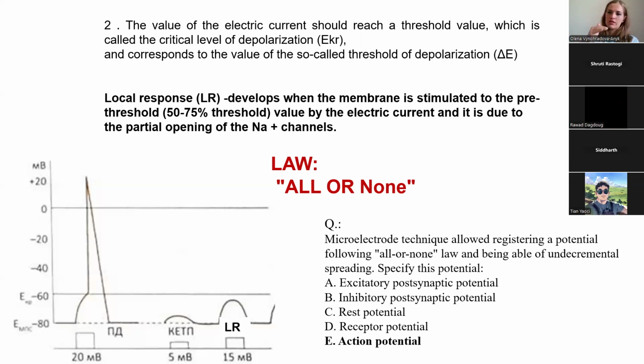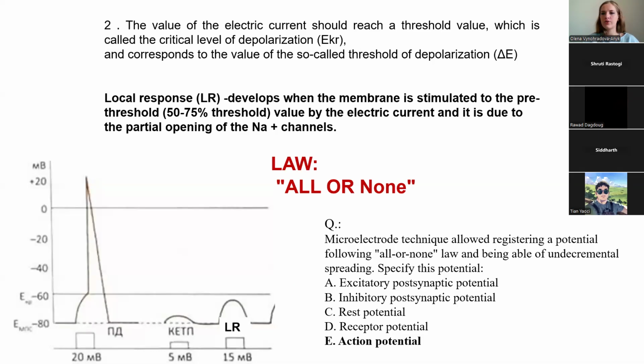If we reach the threshold level, we will have maximum reaction, maximum amplitude. If we do not reach the threshold level, we will not have any action potential, we will not have any irritation. This question appears so much in the Krok, that's why please remember: the all or none law works for a single excitable structure. Single, it's important. If we reach the threshold level, we will have the maximum answer of the cell. If we do not reach this level, we will not have any answer.